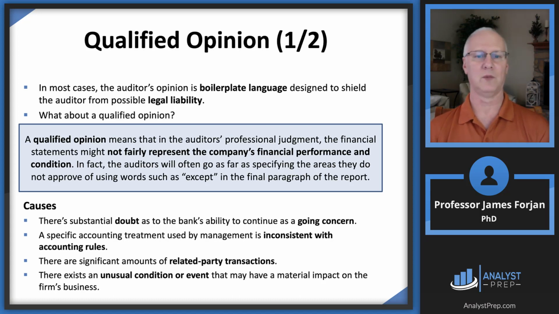So there are probably going to be some exceptions, and they'll probably be for the following reasons. What do I have listed down there as the causes? Substantial doubt as to the ability to operate as a going concern. Remember, going concern means that we're going to be around for a long, long time. Inconsistent with accounting rules.